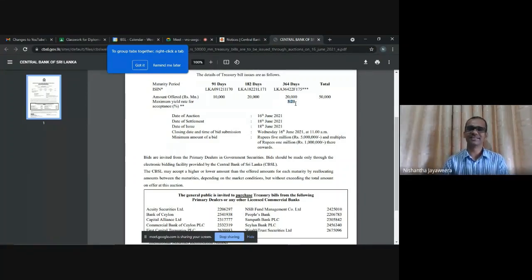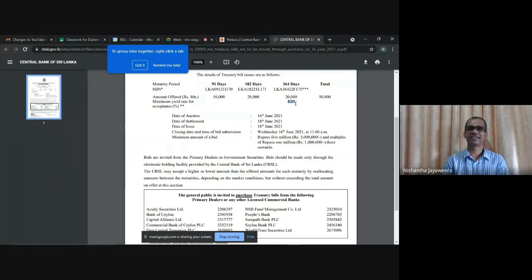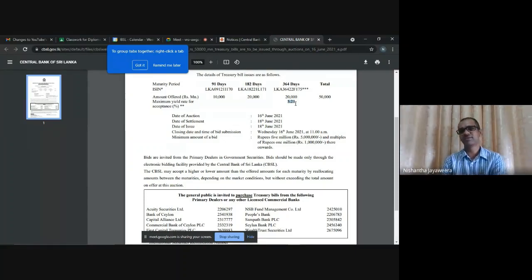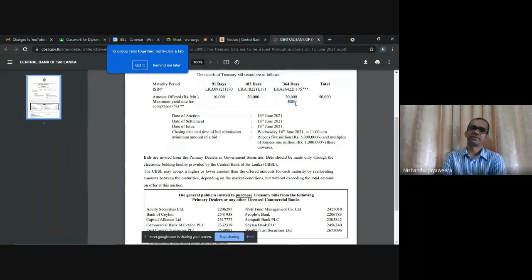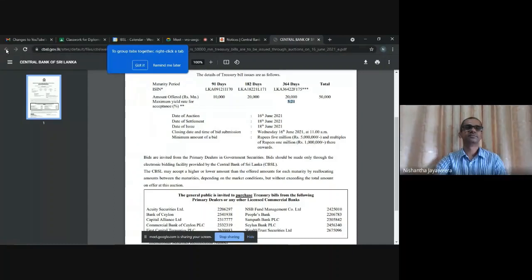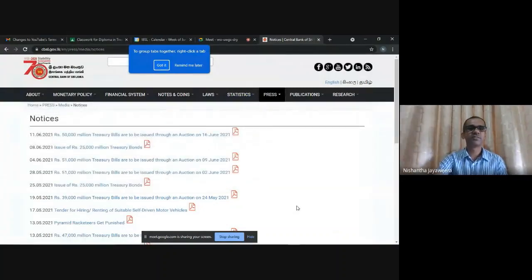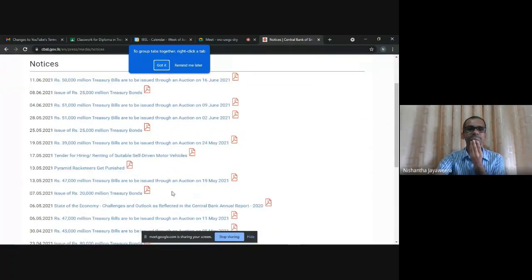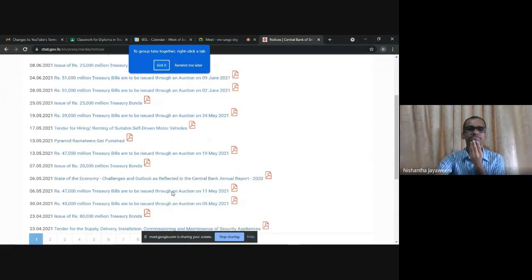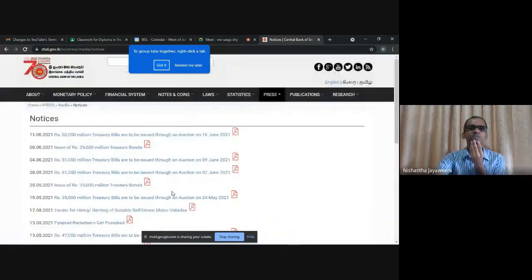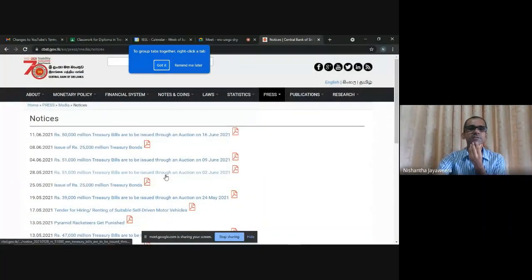So there, in a way, less uncertainty for the market. So all the bids would be less than 5.21 or at 5.21. If you go back to the example of treasury bonds, treasury bills, treasury.